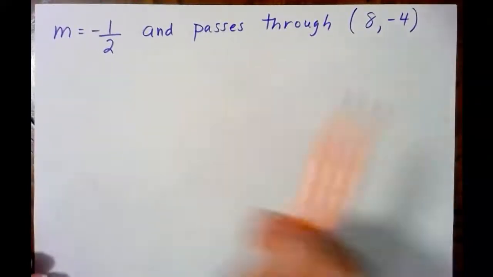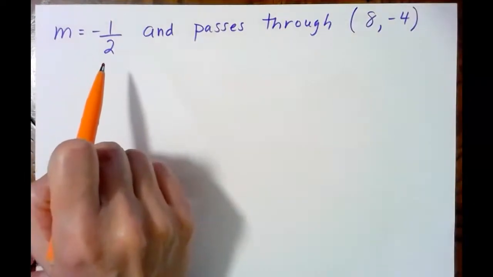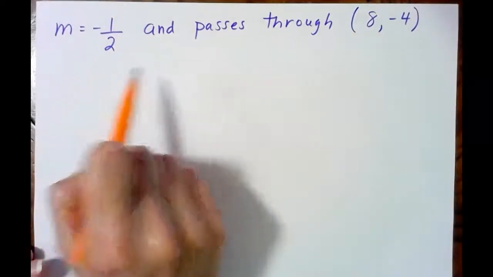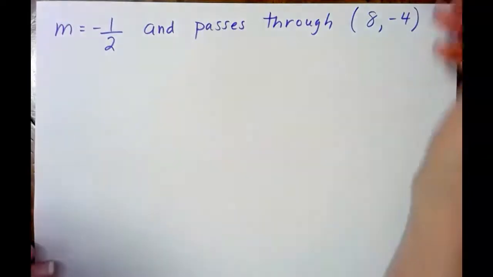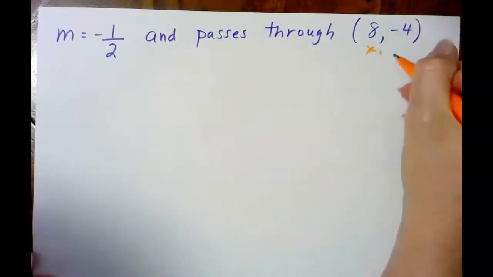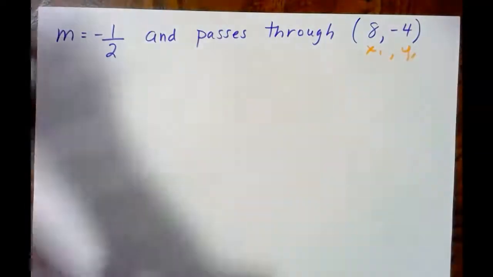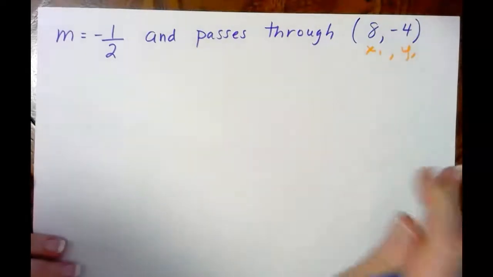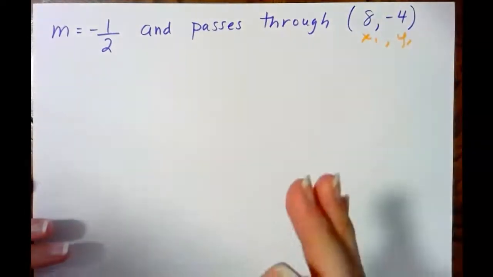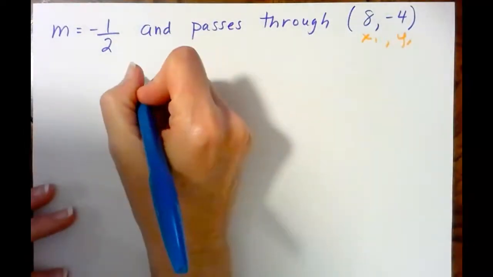Let's do it again. This time we're given that the slope is negative 1/2, and our line passes through the point 8, negative 4. Remember, this is x number 1, and this is y number 1. So remember, first, always write your form. That way, every time you write it, you're reinforcing it in your mind.